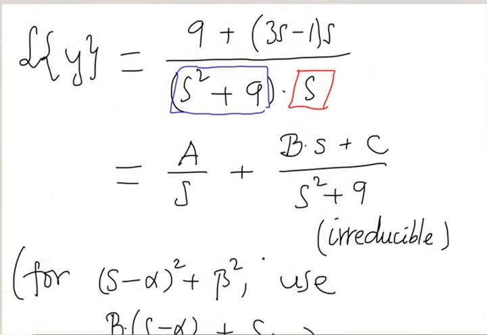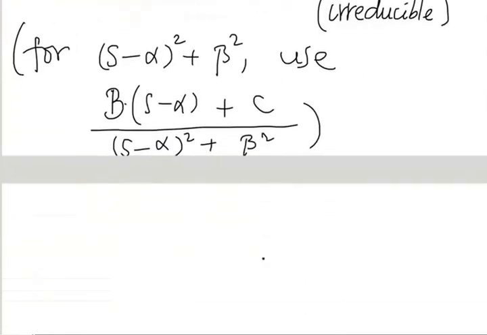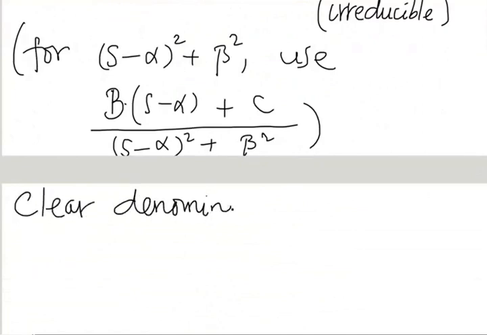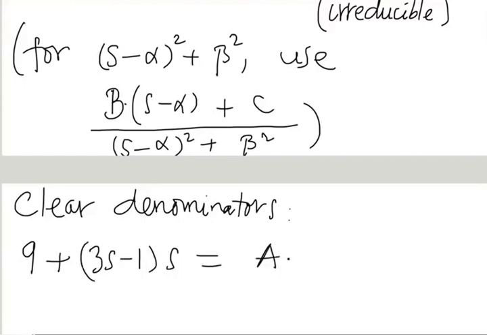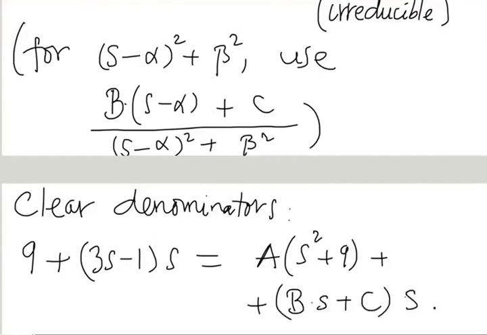Now we clear the denominators. We get that 9 plus 3s minus 1 times s equals a times s squared plus 9, plus b times s plus c times s.